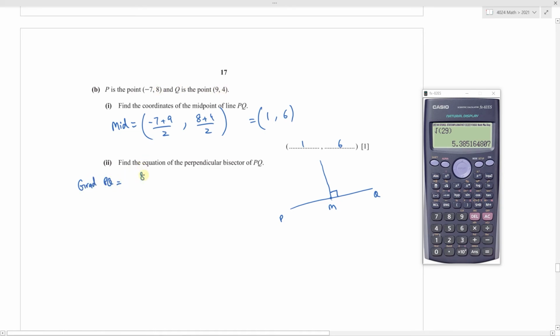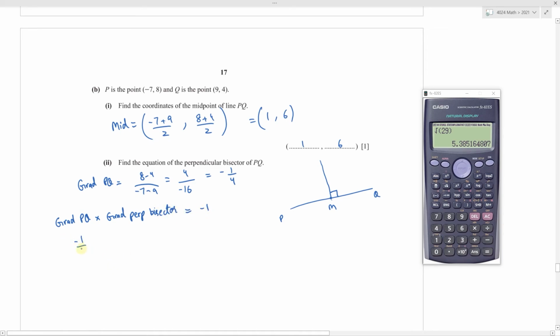y2 minus y1, 8 minus 4, over x2 minus x1, minus 7 minus 9. So this will be 4 over minus 16, which is minus 1 over 4. So this is your gradient of PQ. So the gradient of PQ multiplied by the gradient of the perpendicular bisector equals -1.